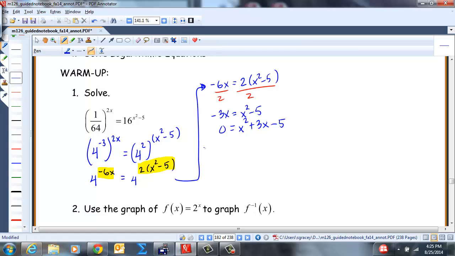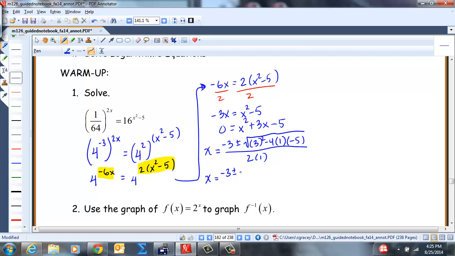That one is not factorable, so I'll just go ahead and use the quadratic formula. So x will be negative 3 plus or minus the square root of 3 squared minus 4 times 1 times negative 5, all over 2 times 1. 3 squared is 9, and 4 times 1 times 5 is 20.